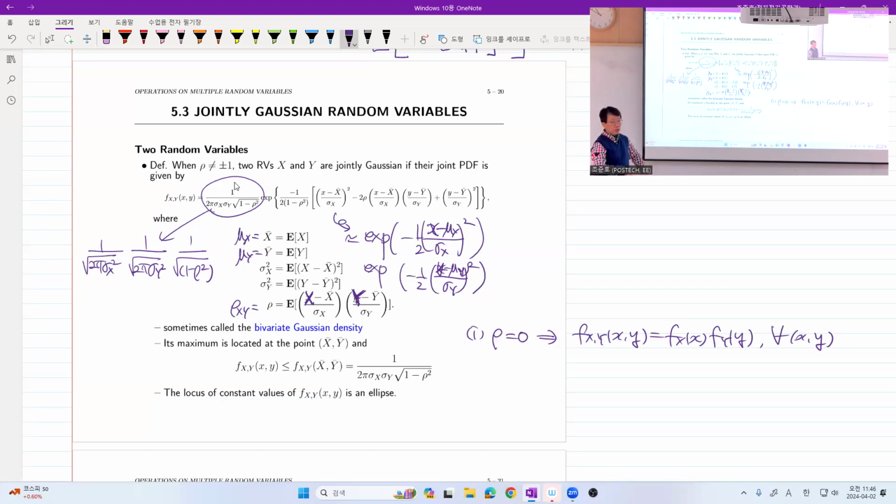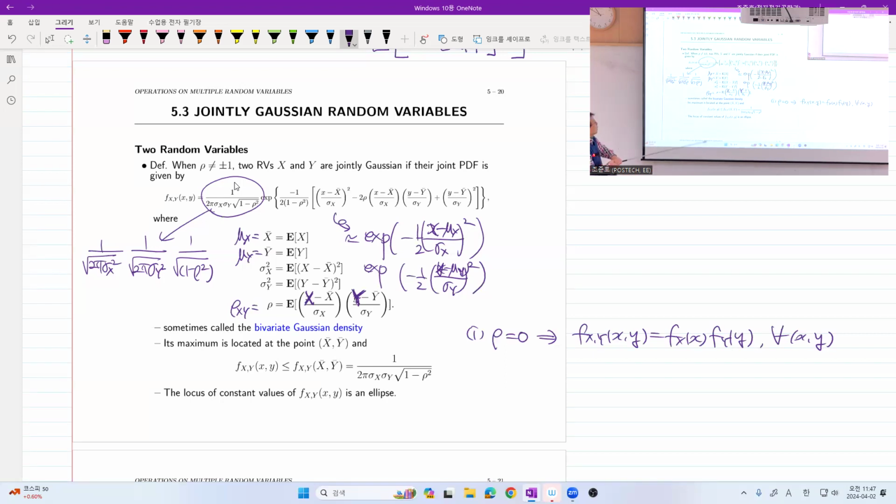As I told you, some mathematicians love to call every random vector a random variable, but multivariate random variable if it involves more than two random variables. If it involves only two random variables, they call it bivariate. Bi means two, variate means variable. So bivariate Gaussian density.